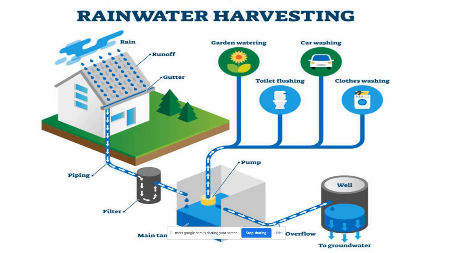Surface runoff harvesting: the water flowing as surface runoff is caught and used for recharging by adopting appropriate methods. And the second one, rooftop harvesting, collects water from the roof of the house or building. It can either be stored in a tank or diverted to an artificial recharge system.